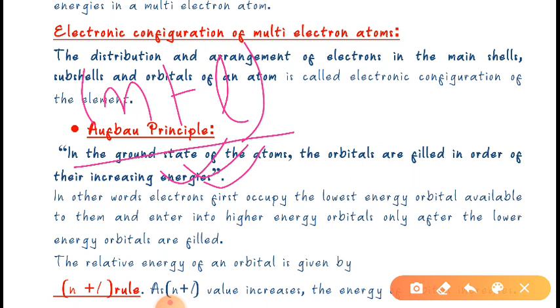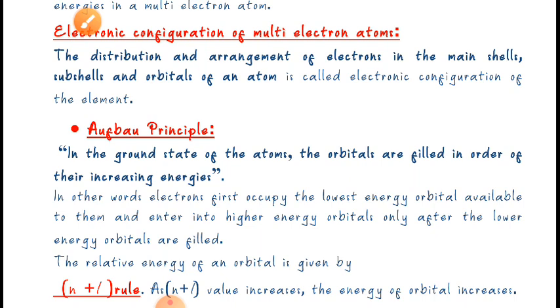What he wants to say is that for any fully filled suborbital, we will see the n plus l value.